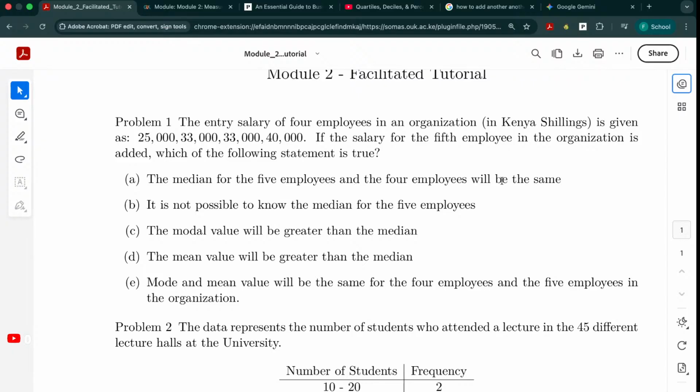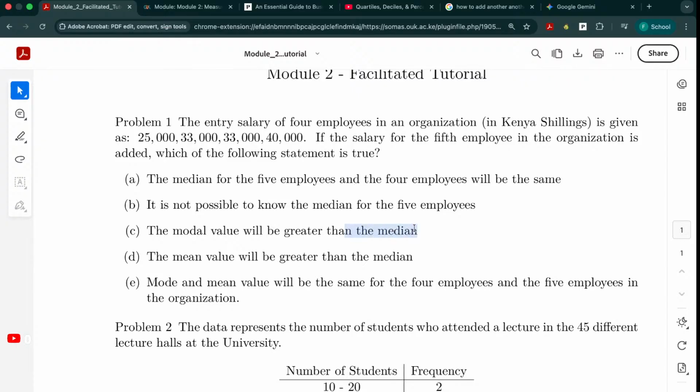Then we are told the mode value will be greater than the median. The mode is the most frequent number, and for this we just choose one, and we are told that the mode will be greater than the median.